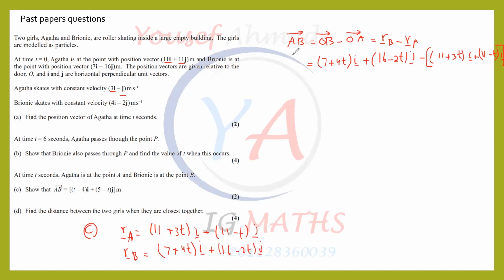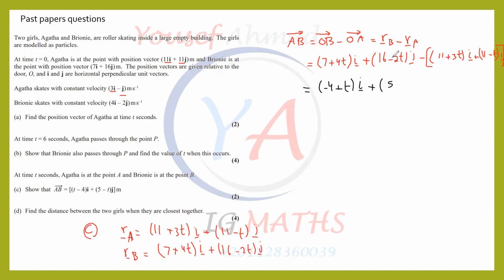So we need to start subtracting now i and i. So you can subtract now 7 minus 11, which is negative 4. And here you have 4t minus 3t, which is positive t. And then you subtract, here we have 16 minus 11, which will be positive 5.